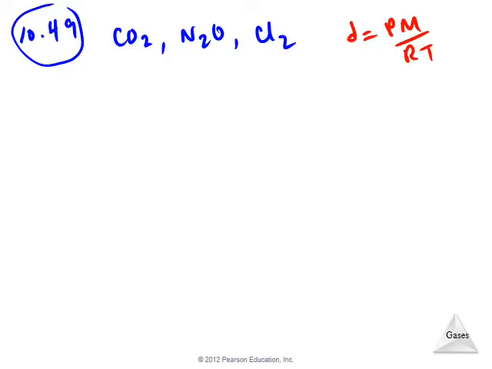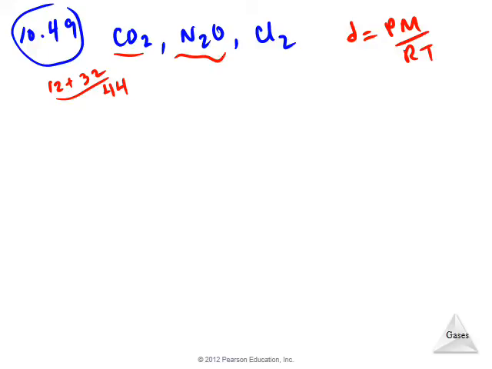So basically, density is going to increase when molecular weight is increased. Density is going to decrease when molecular weight is decreased. So let's now figure out these molecular weights. For carbon dioxide it is 12 plus 32, looking at the periodic table. So that's 44.